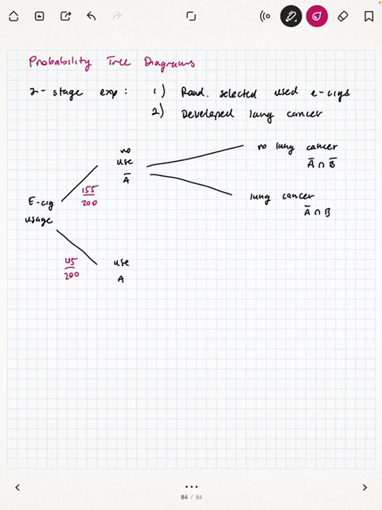So out of the 155, 151 did not, and 4 of them did. And you'll know we did this correctly again if these add up to 1, because we've taken the event A bar, the random selection of somebody who doesn't use e-cigs, and now we've partitioned that further.